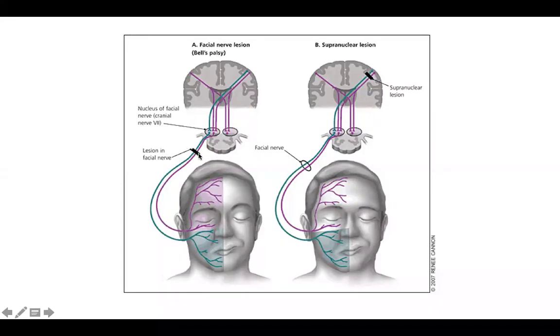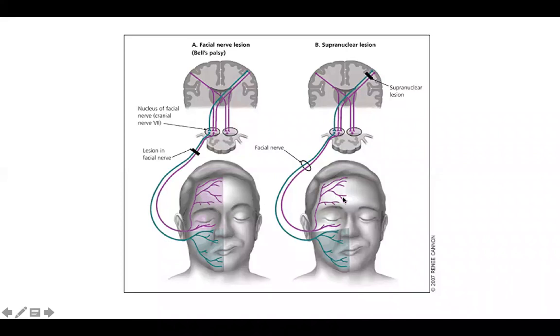Now assume facial nerve palsy has occurred. If it occurs here, it means both this purple neuron is going to be paralyzed together with this blue neuron. So the entire face is going to be paralyzed. This is very important to note in this diagram.